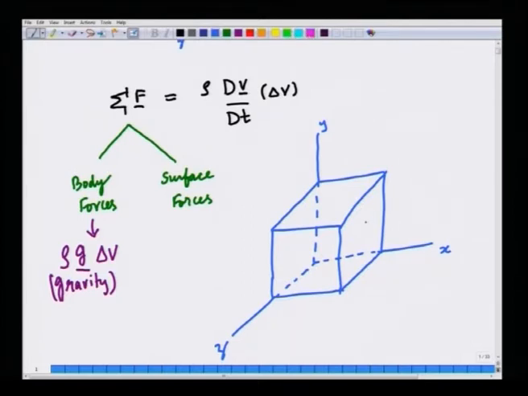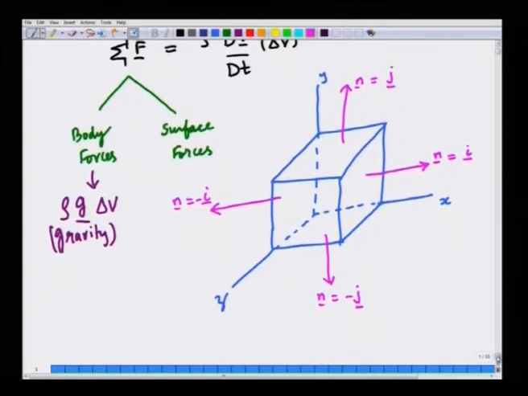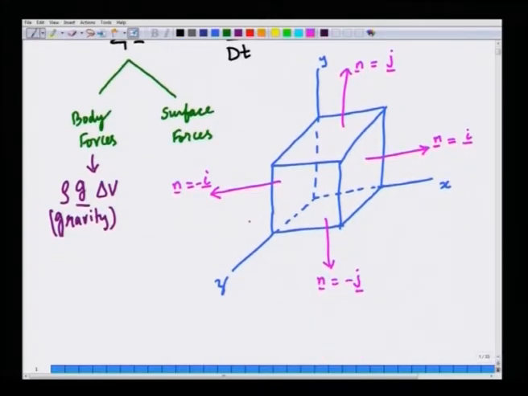Okay. So, this face has a unit outward normal n in the plus i direction, whereas this face has a unit outward normal n in the minus i direction. Likewise, this face has unit outward normal n in the plus j direction, and this face has unit outward normal in the minus j direction. Okay. Likewise, you can do it in the plus k and minus k direction. I will refrain from doing that because it will reduce the clarity of the picture, because one cannot draw 3-dimensional pictures very well on paper. Okay. So, I will just leave it like this.